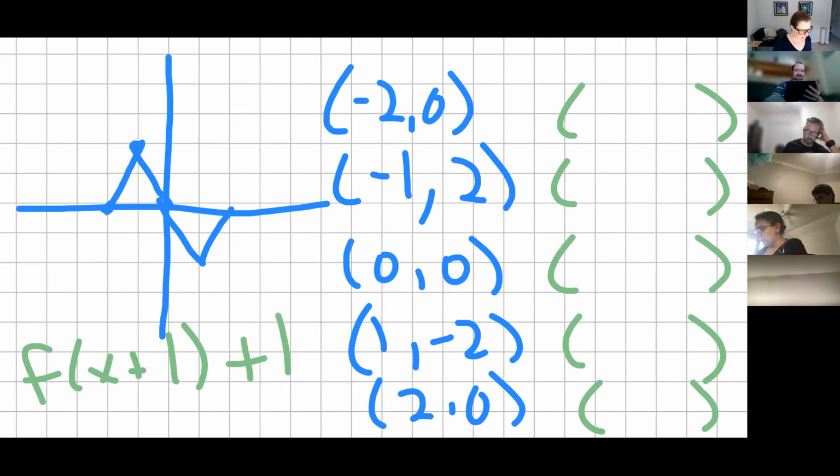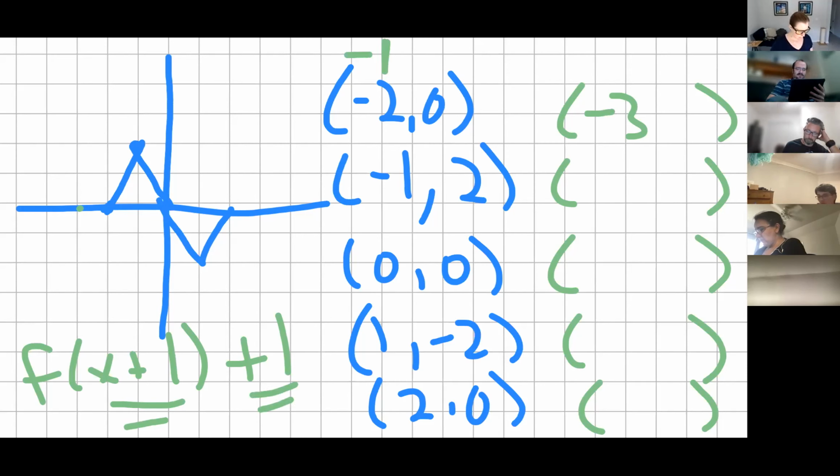All right, so this might be where you have to think a little bit backwards. So a +1 is going to shift it where? To the left. And if we want to move this to the left, like -2, 0, what would my new x value be over here? -3. So what we have to end up doing is subtracting 1 here.